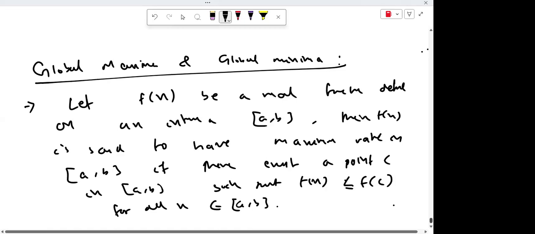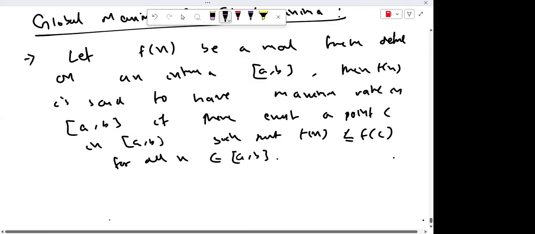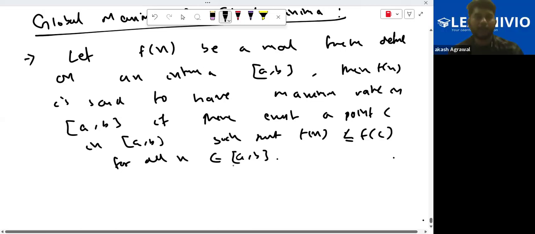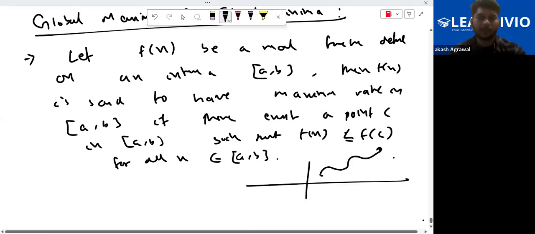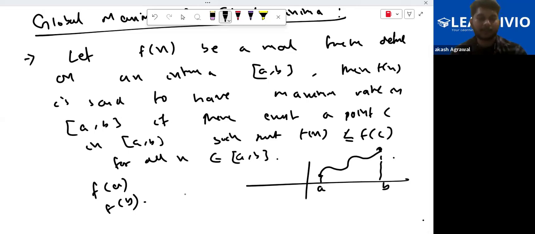Okay. What they mean to say is very simply, when you are finding global maximum and global minima, all we have to do is find the local points, right? The same process as before, and find the endpoints also. Okay, if this is a and b, then find f of a and f of b also. Check which value is the maximum value, which value is the minimum value, and you'll get the answer.